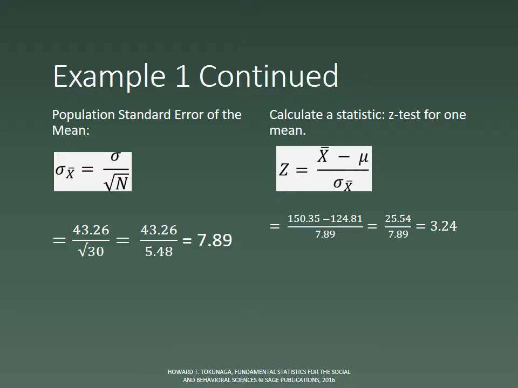Next, we want to calculate the z-statistic for one mean, which is the mean of our sample minus the population mean divided by the standard error of the mean, which is 7.89. When we divide that out, we get a z equal to 3.24.